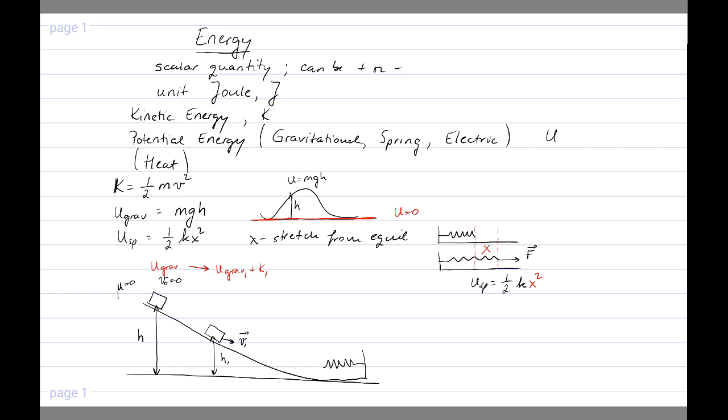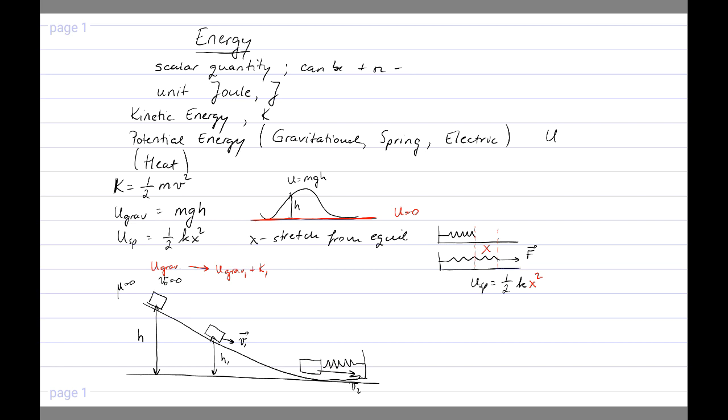Now let's say that down here, the block will have a velocity v2. The block will be on the ground. I know I didn't draw it directly on the ground. I tend to do that. I want to see my object as being separate from the incline, so I don't draw it directly on the ground.